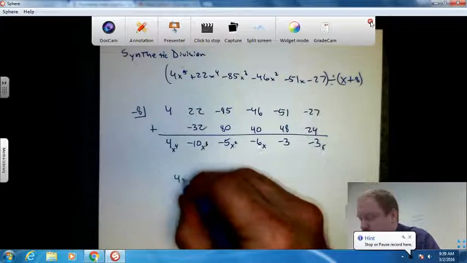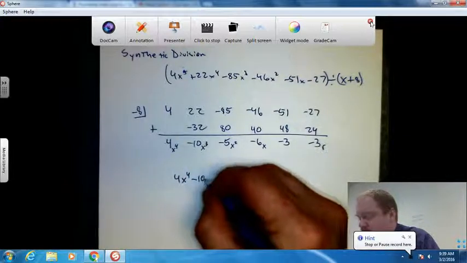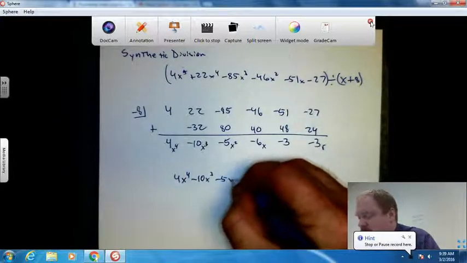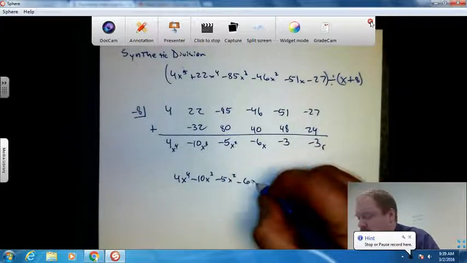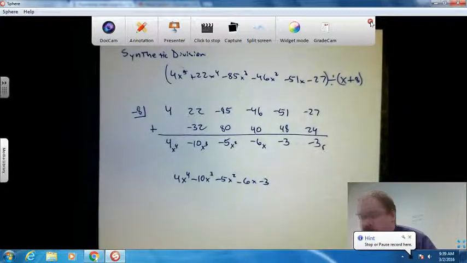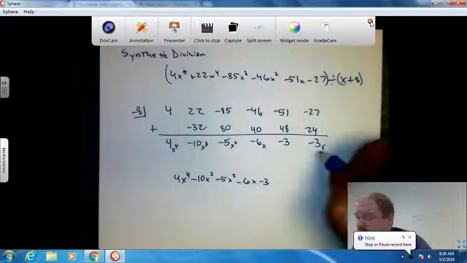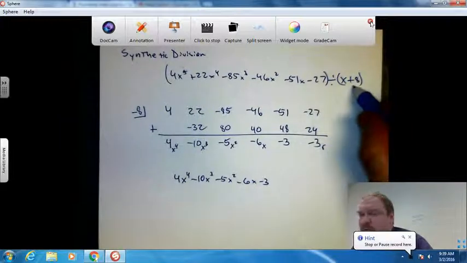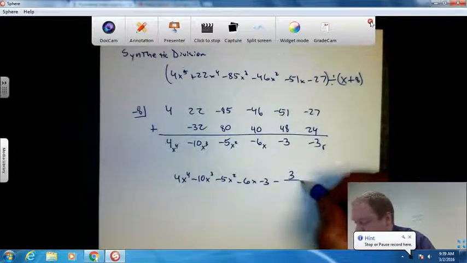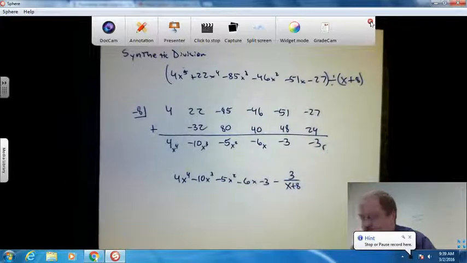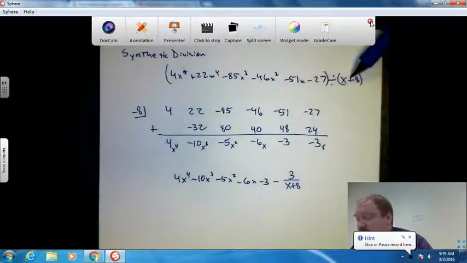So I get 4x to the fourth minus 10x cubed minus 5x squared minus 6x minus 3. Okay, and then you have to remember that the remainder is over what you divide by. And that takes significantly less time. So that's the way I'm going to prefer to do them when I have x plus or minus a number.